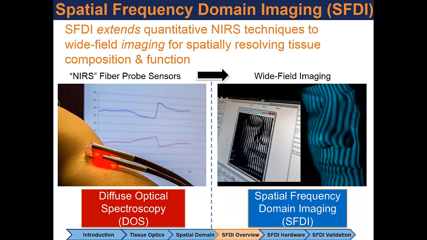We translate that to multiplexed spatial measurements, but retaining as much quantitation as possible. There are different limitations in terms of the geometry of detection. Typically, these will measure deeper than you can measure with a camera, and this spatially multiplexed method I'll talk about. But that's been our passion, to apply these quantitative methods from the real domain to the spatial frequency domain in a way that allows us to multiplex in space.